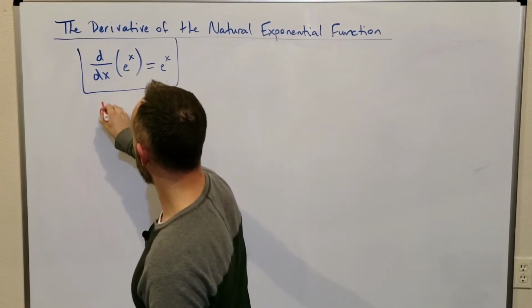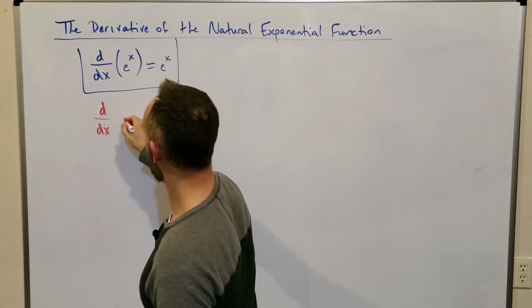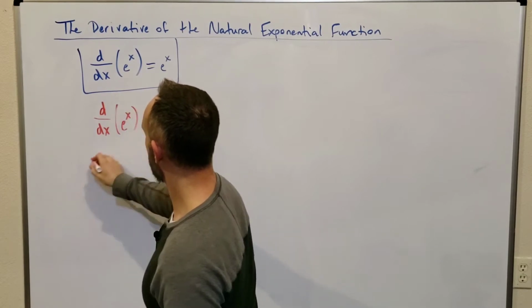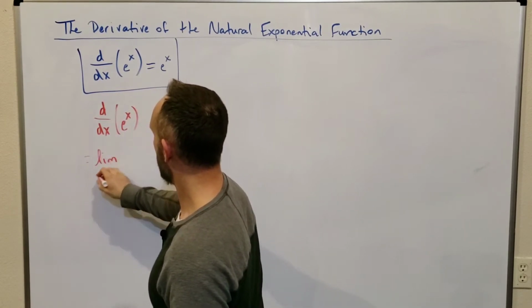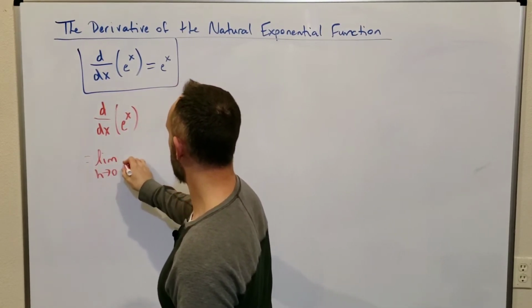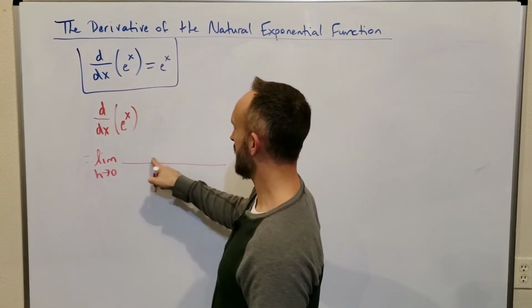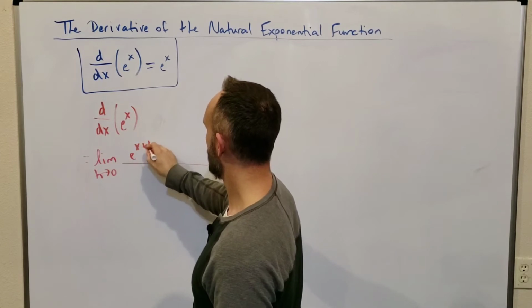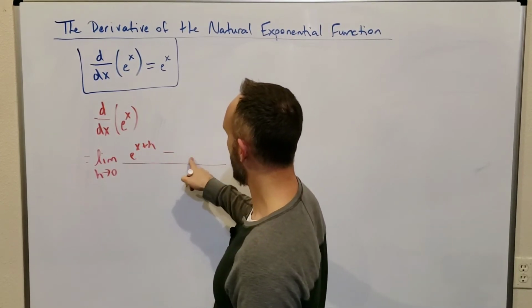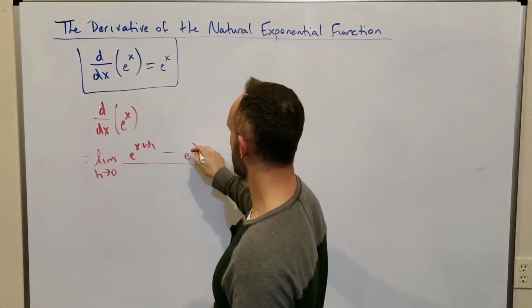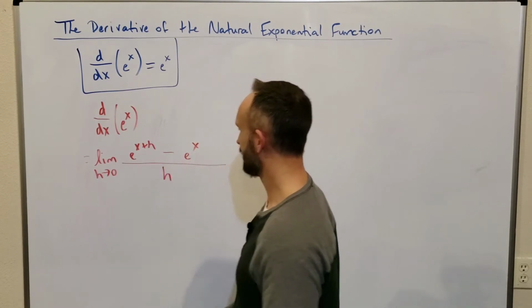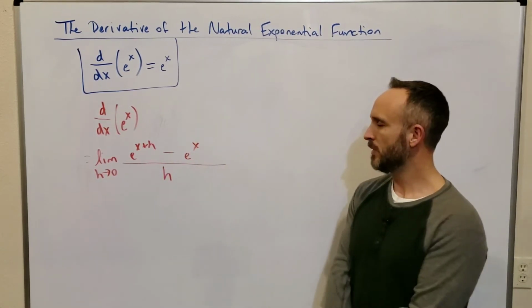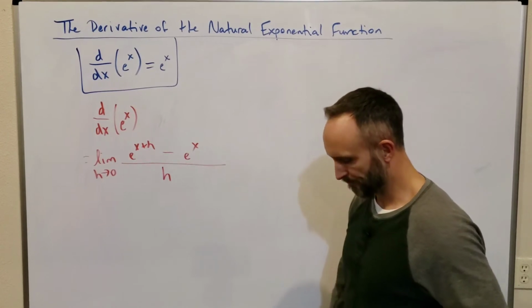So the derivative with respect to x of e to the x will be the limit as h approaches 0 of f of x plus h, so that's e to the x plus h, minus f of x, well that's e to the x, all over h. And we have to somehow evaluate this limit.